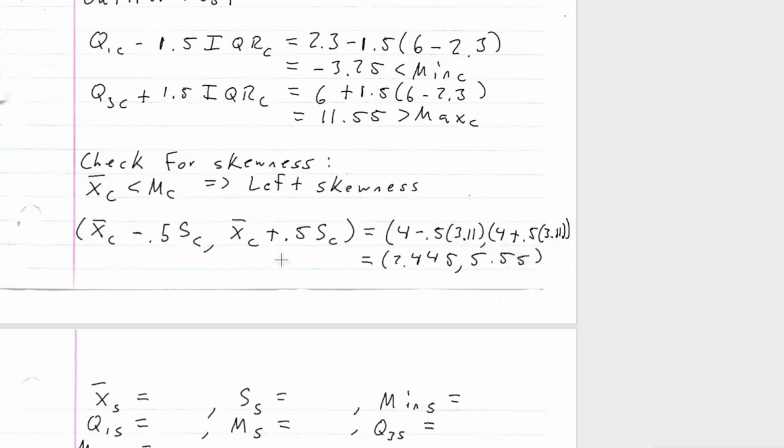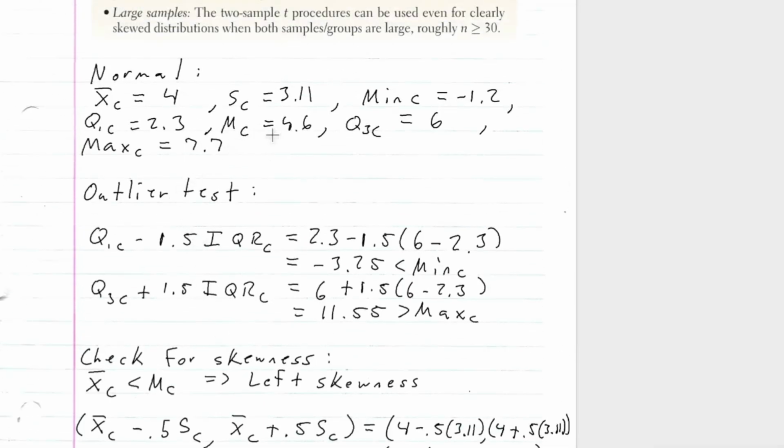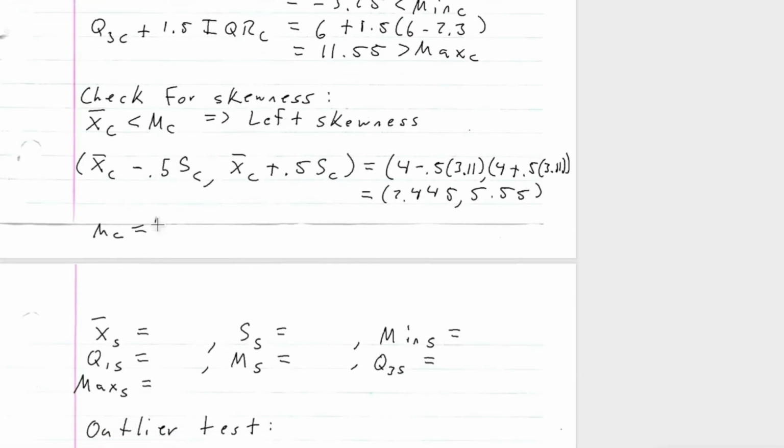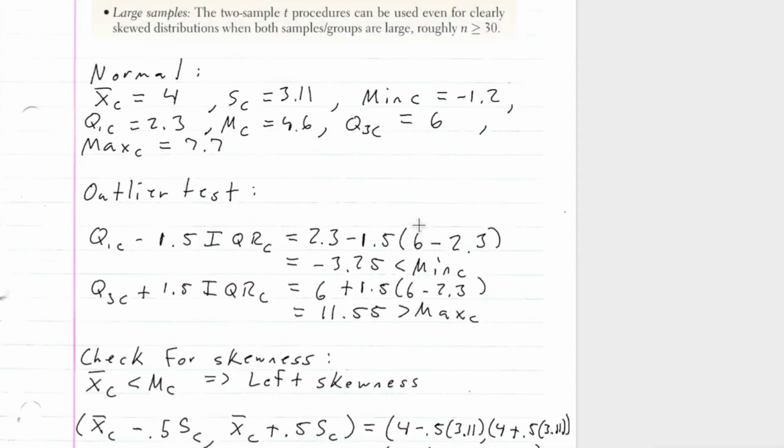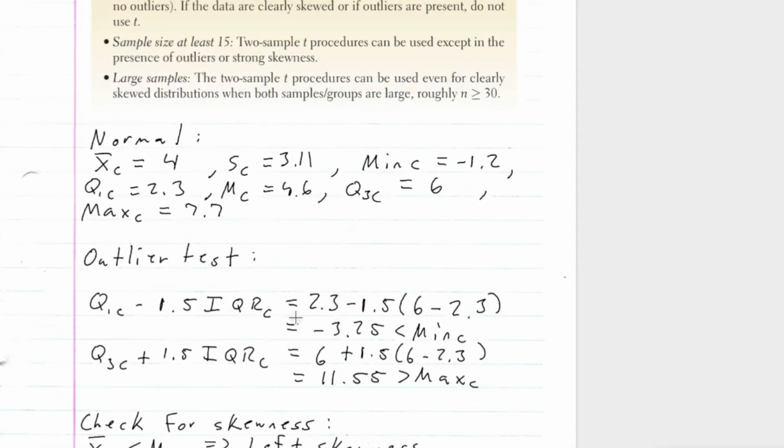As you can see, the median of the control group was 4.6, and 4.6 is definitely in this interval of 2.445 to 5.55. So this means that it's only slightly left skewed. So no significant skewness. So at least our control group distribution is approximately normal.